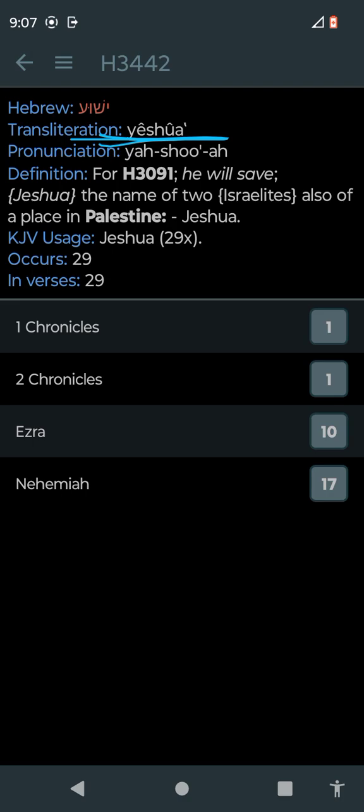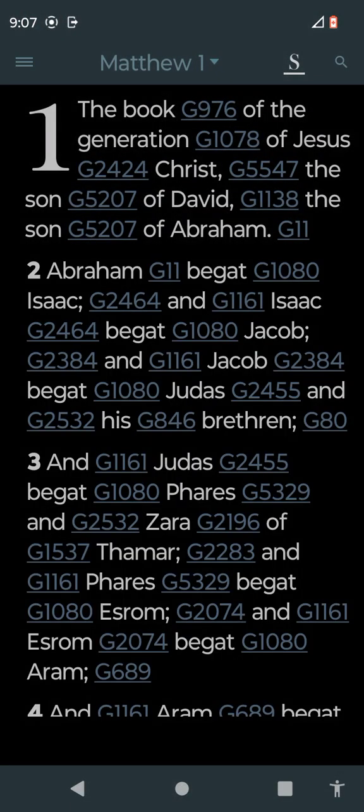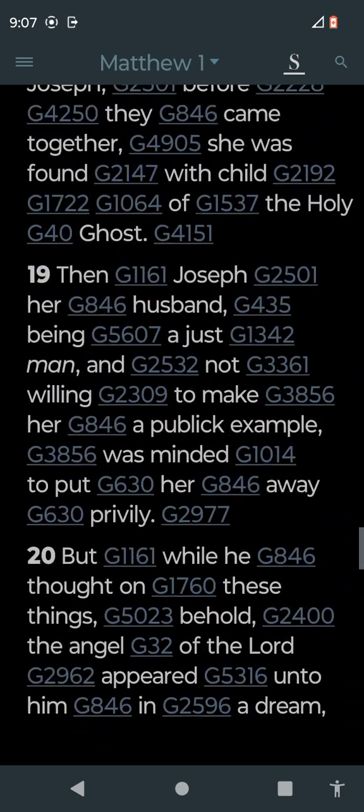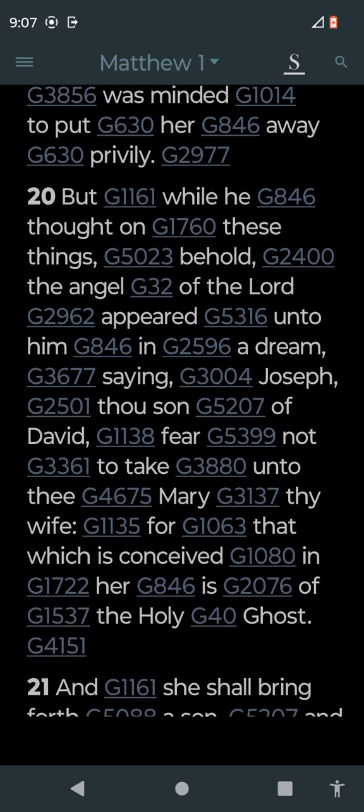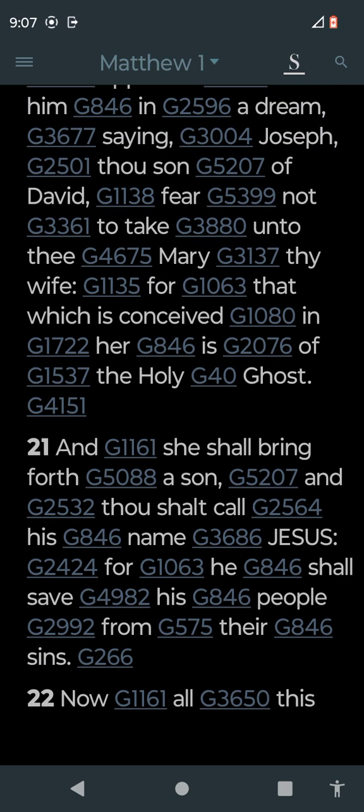The reason they call him Yeshua is because of this: he will save. If we go back to the Bible, what did it say in verse 21? Why are they going to call him Jesus and not Yeshua? Because of the thing that he is going to do, he shall save. That's why they call him Yeshua.